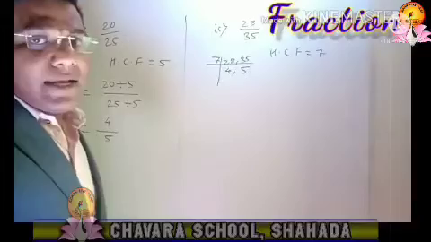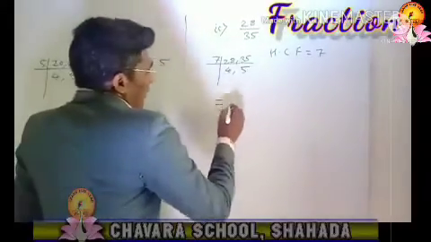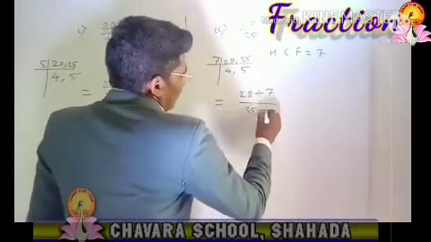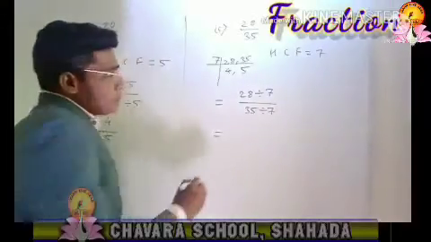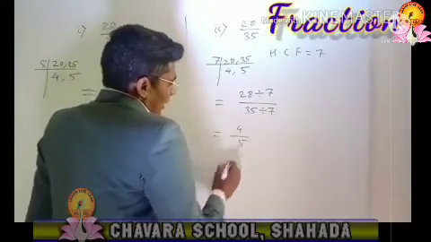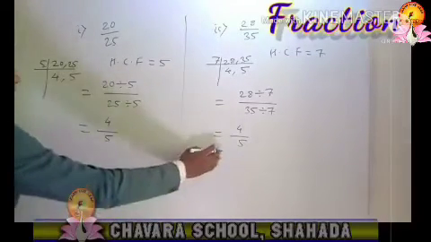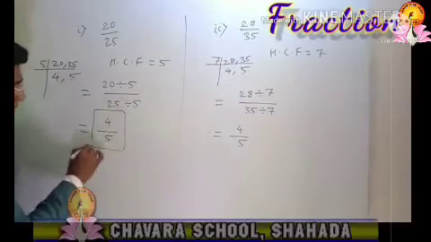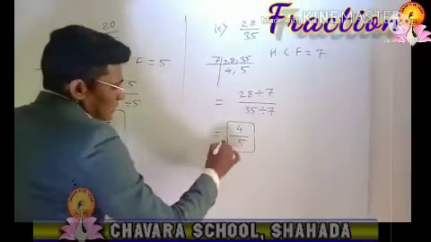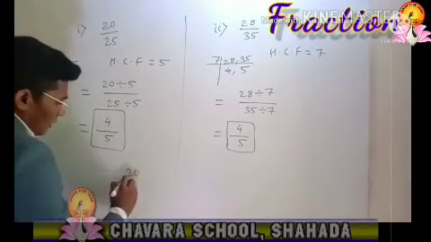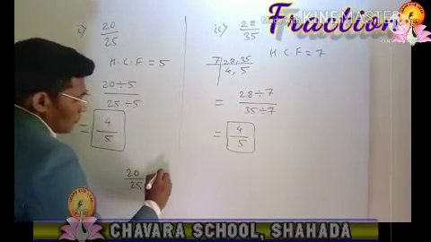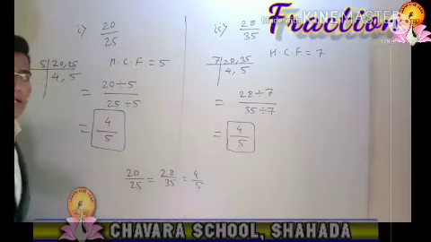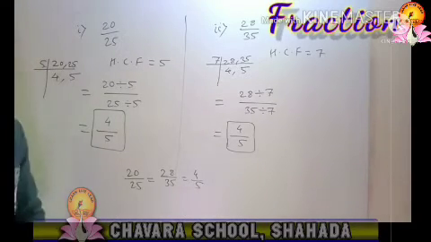Now dividing 28 and 35 by the HCF 7, 28 divided by 7 upon 35 divided by 7 is equal to 4 by 5. As 28 by 35 and 20 by 25 have the same answers, we can say that 20 upon 25 equals 28 upon 35 equals 4 by 5, and these are nothing but equivalent fractions.